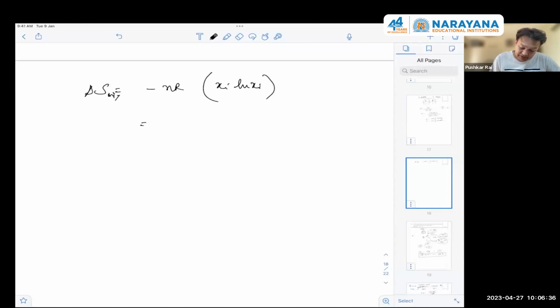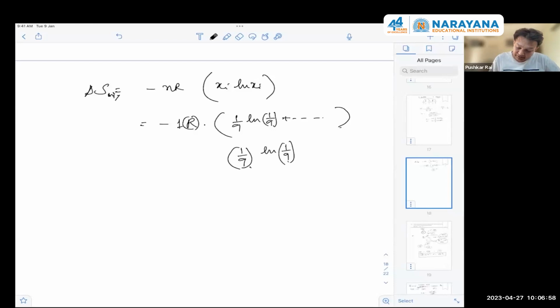So minus 1 into R into 1 by 9 ln 1 by 9, 9 times. So that is 1 by 9 ln 1 by 9 raised to the power 9, R with a negative sign. That is equal to R ln 9.